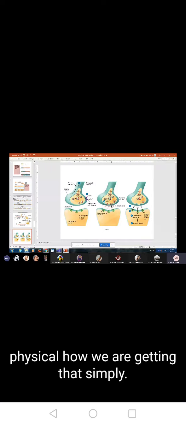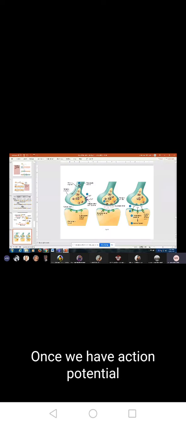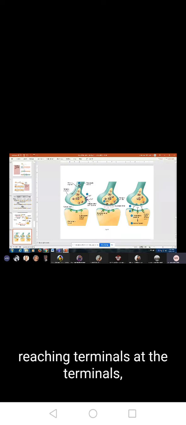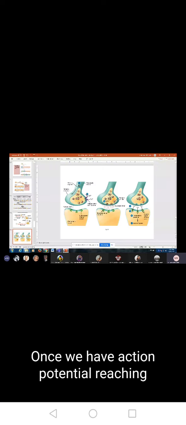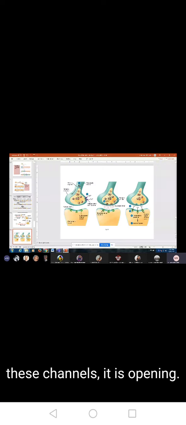How are we getting that? Simply, once we have an action potential reaching the terminals, at the terminals here we have calcium channels. Okay? So what happens to these calcium channels? They open. Once we have an action potential reaching these channels, they open.